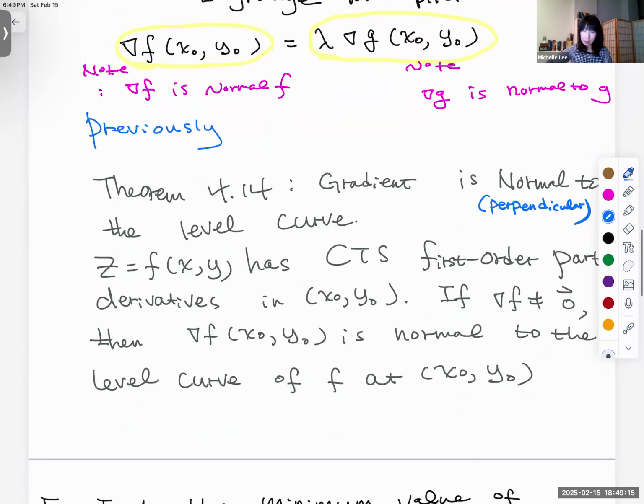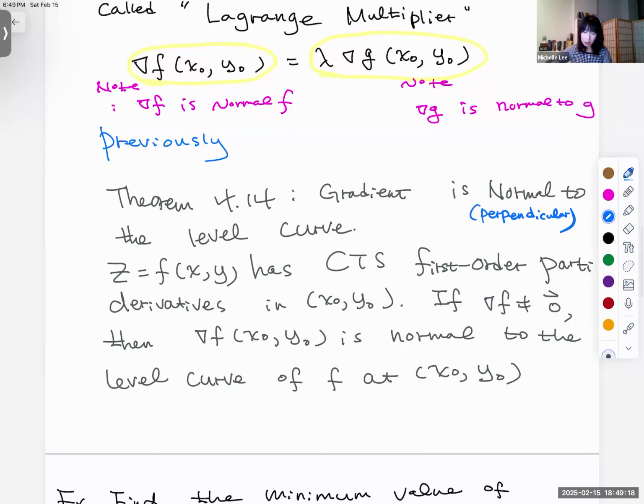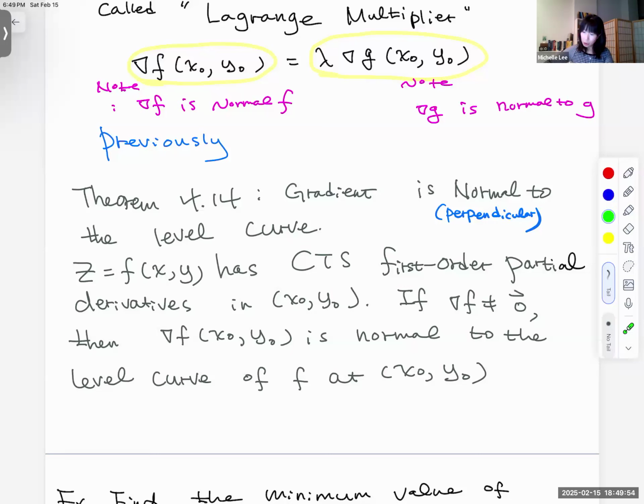So we had z equal to the function. The function is continuous with first order partial derivatives. So the partial derivatives at the point, the gradient of f, is not equal to the 0 vector.